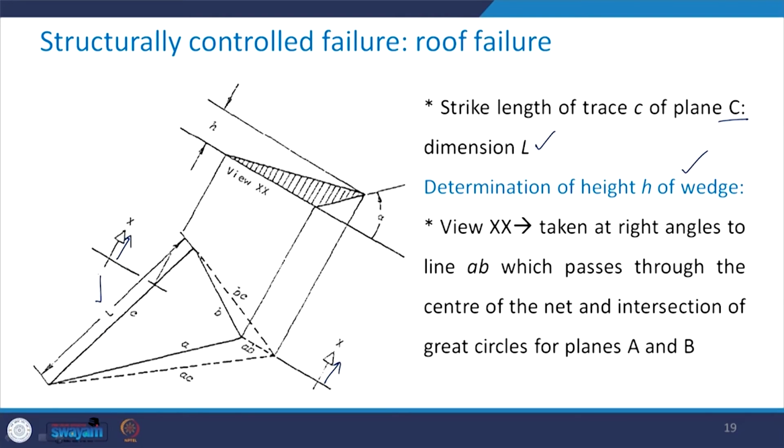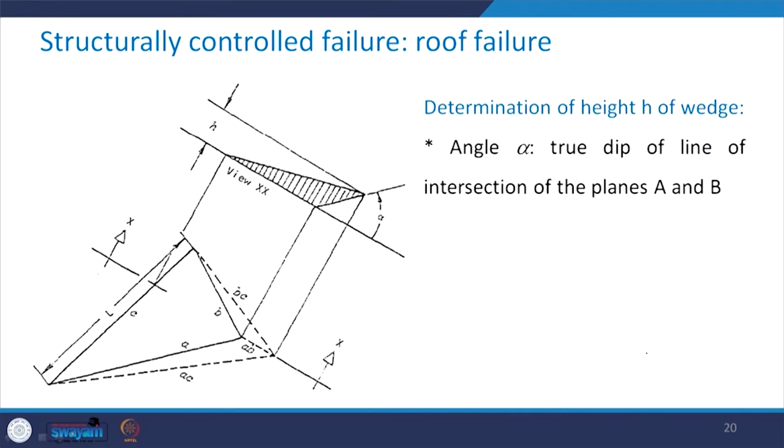Obviously, this has to be taken at right angles to line AB, which passes through the center of the net and the intersection of great circles for planes A and B. And then you can get the angle alpha, which is the true dip of the line of intersection of the planes A and B. This you have to obtain using the stereographic projection, and then plot it here in this particular manner, and this is how you have to just use your engineering graphics principles and then complete this construction in order to get the height of the wedge.